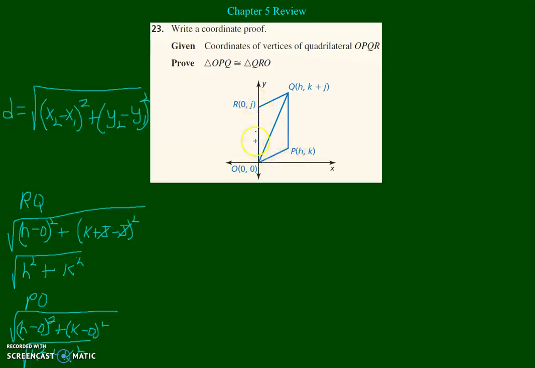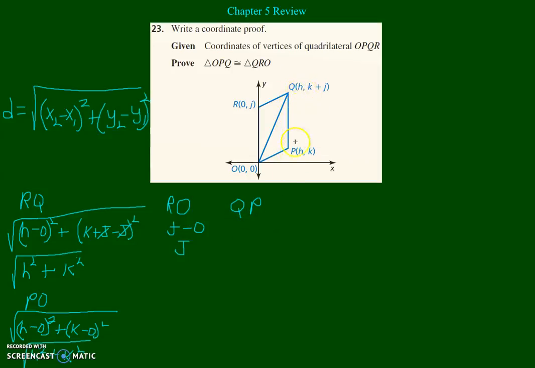Now let's do RO. And RO is moving along the y-axis, so we can use just the ruler postulate, which is simply the difference of the y-coordinates here. So RO is j minus 0, which is just j. And then we're going to do QP, again using the ruler postulate because it's going up and down vertically.